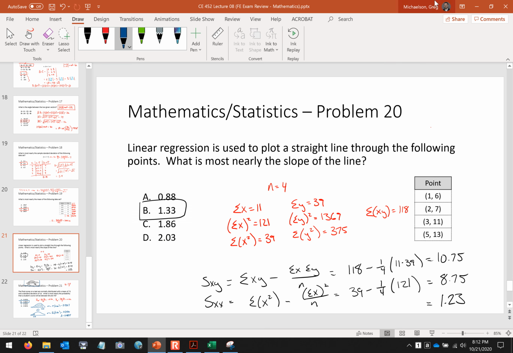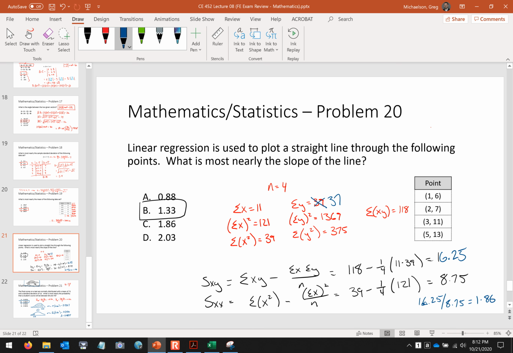So I see what happened. Simple mistake. I had here written that this was 39. That's wrong. It was supposed to be 37. So when this was 37, it made this 16.25. And so the slope is 16.25 divided by 8.75, which is 1.86.